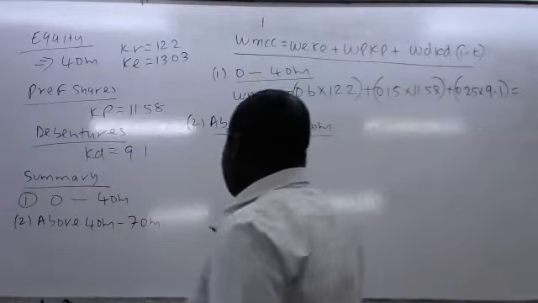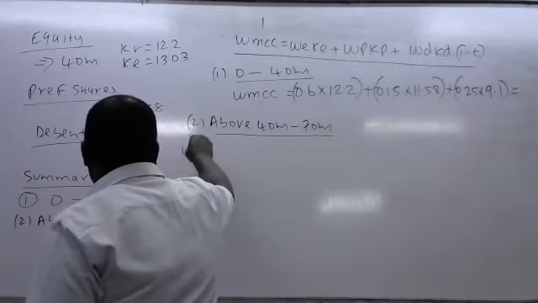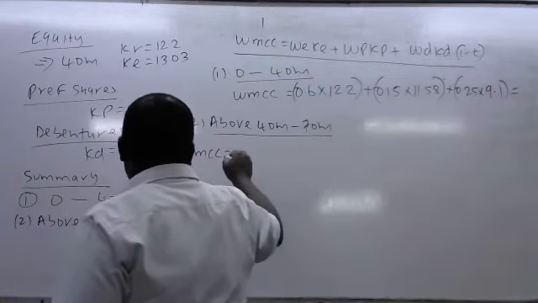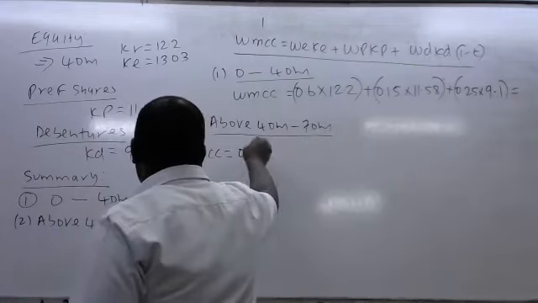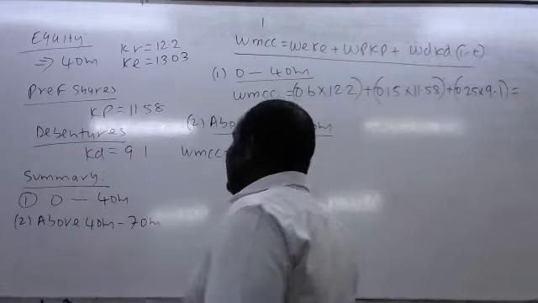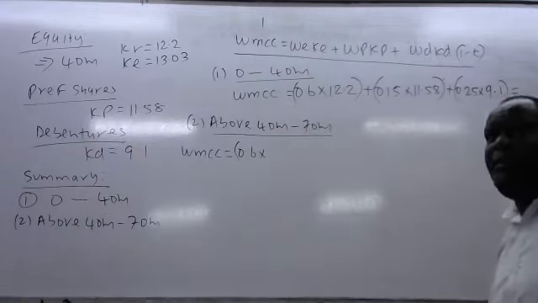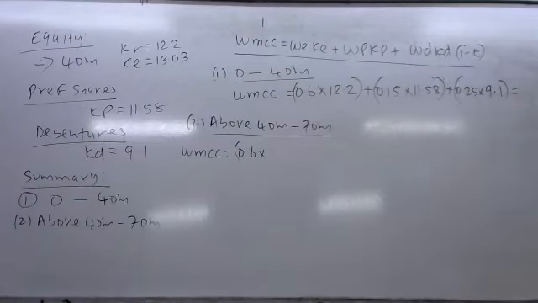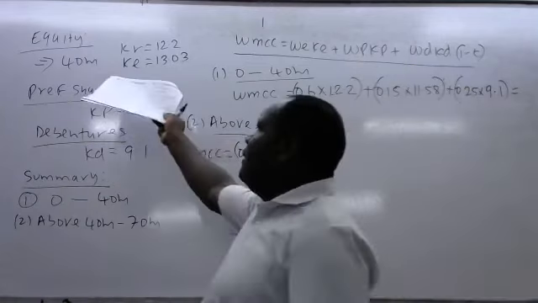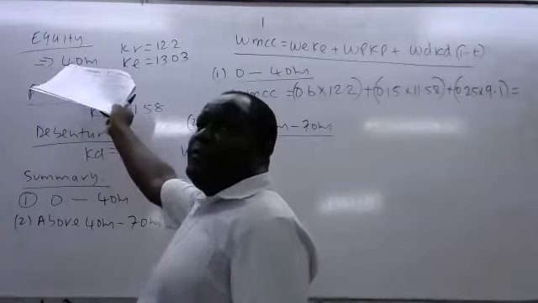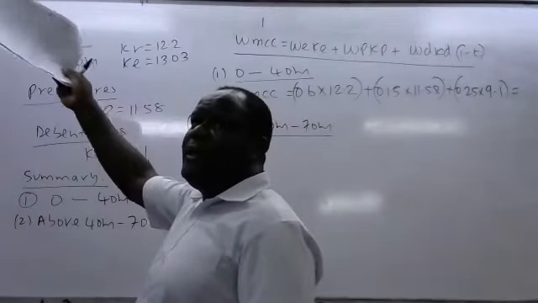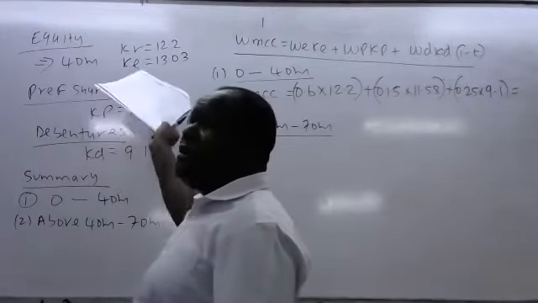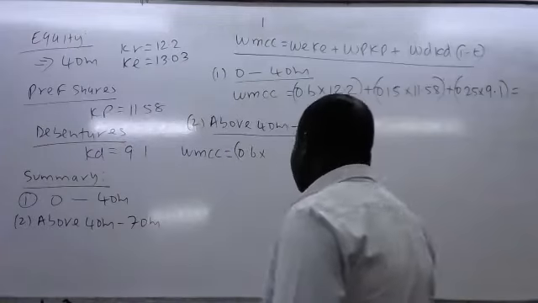So for this one, the WMCC, the weight for equity is still 0.6. But under equity, now we are above 40 million. We have exhausted the retained earnings and we change to the ordinary shares, which is 13.03.